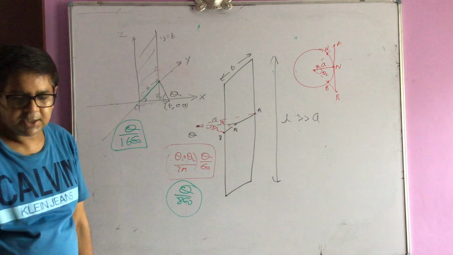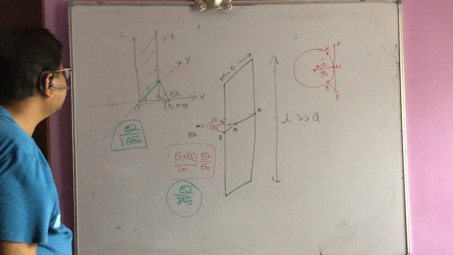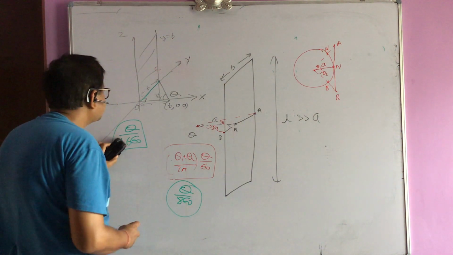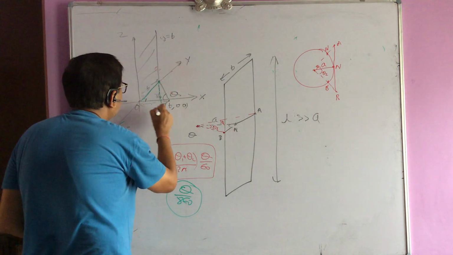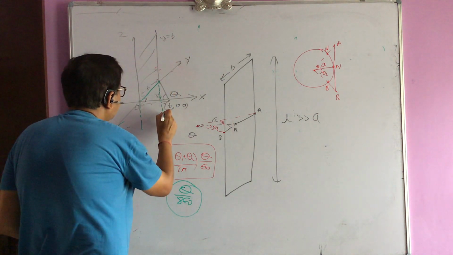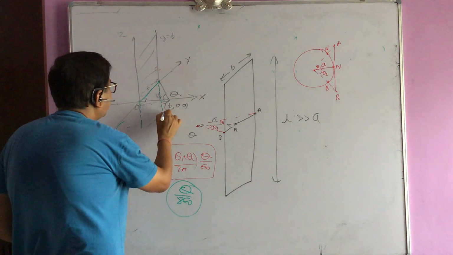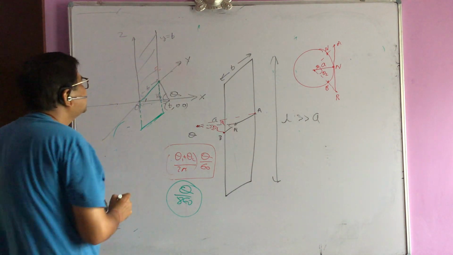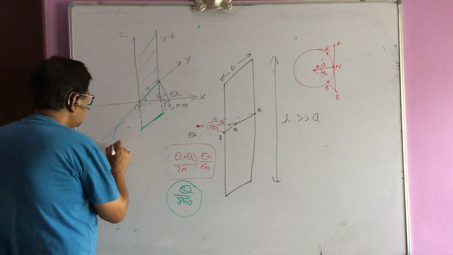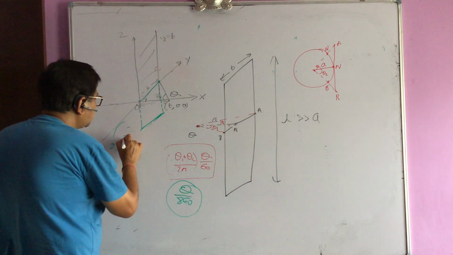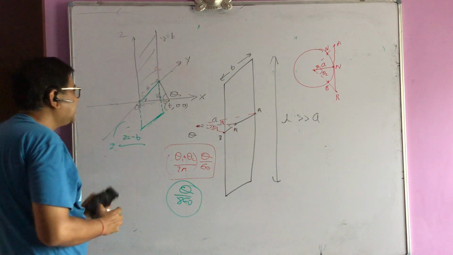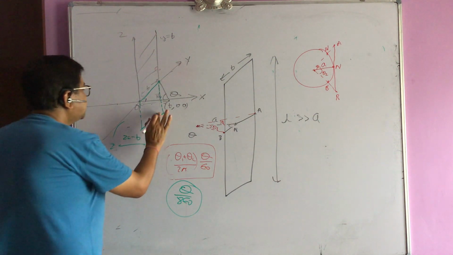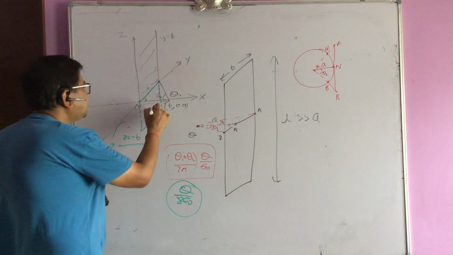For example, if the sheet is not starting from the y-axis, but from below the y-axis, starting from z is equal to minus b, and the rest of the things are the same.